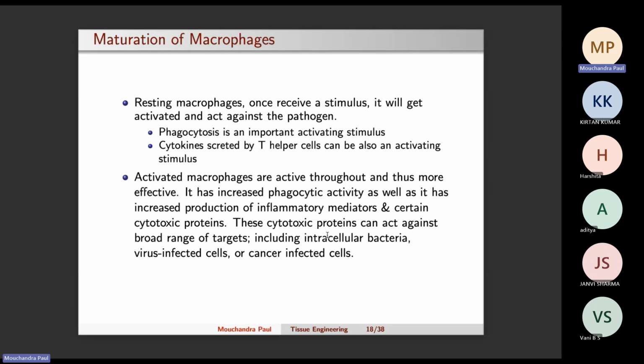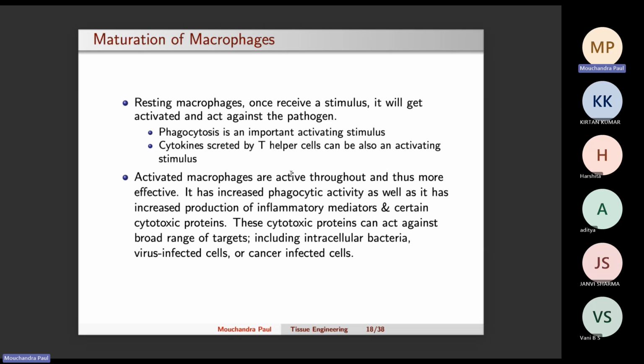So the resting macrophages, if they receive a stimulus, like a stimulus of what? A stimulus that a pathogen has entered your territory, say, then only will they get activated and act against the pathogen. So the stimulus for the resting macrophage is phagocytosis. The neutrophils are in the blood.